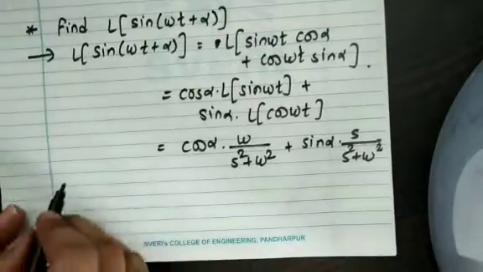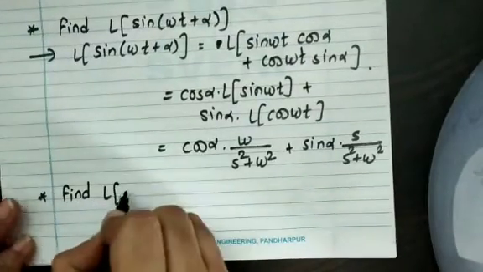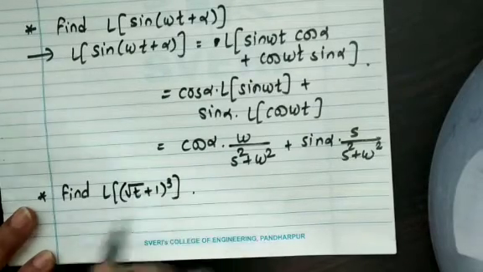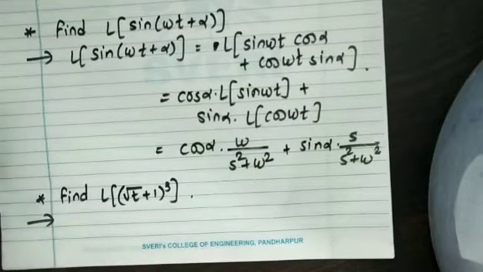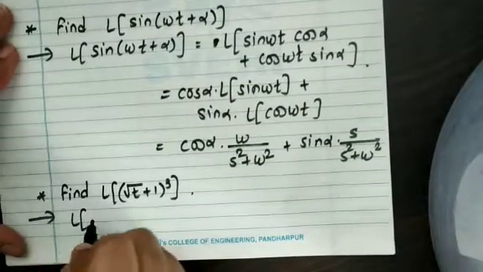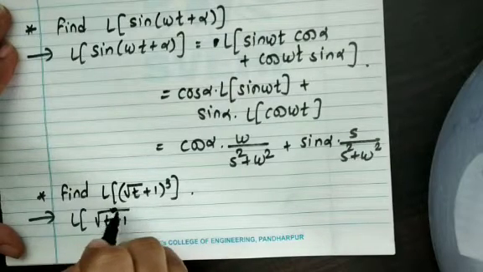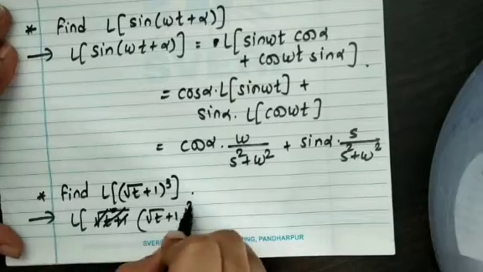We'll take the next example. Find Laplace transform of root t plus 1 cube. As this is not in standard form, I will try to convert it into standard form as Laplace of root t plus 1 cube.